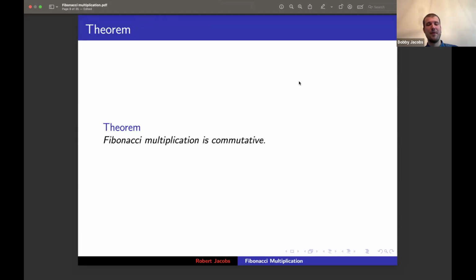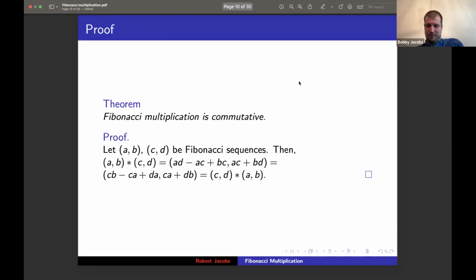Okay, so here's a simple theorem about Fibonacci multiplication: Fibonacci multiplication is commutative. Basically, for any (A,B) and (C,D), (A,B) times (C,D) is (C,D) times (A,B). So let (A,B) and (C,D) be Fibonacci sequences.